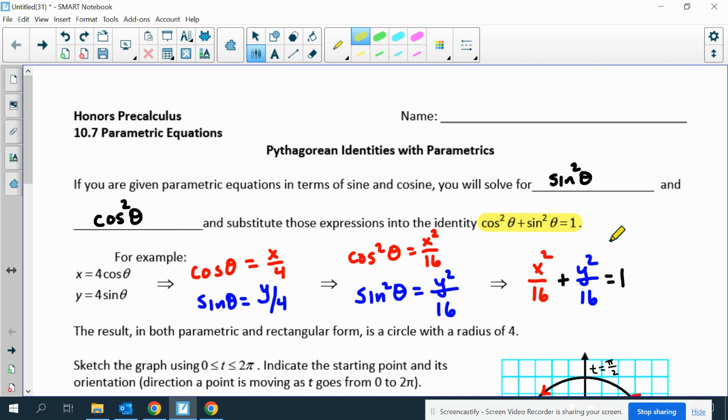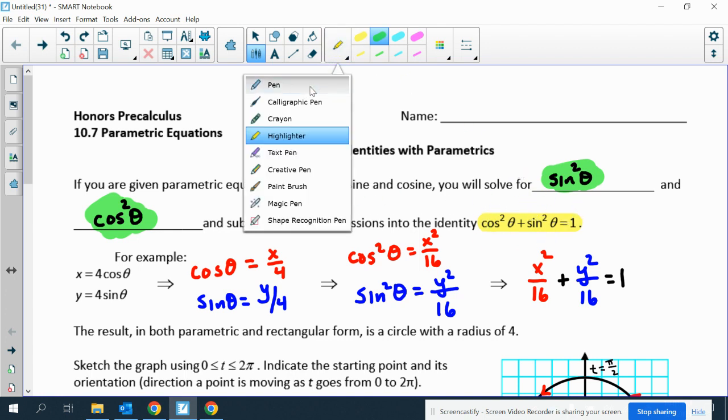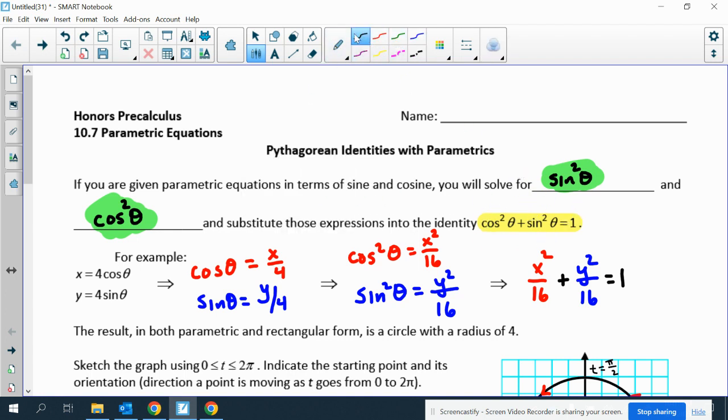So if you see x equals 4 cosine theta and y equals 4 sine theta, you can solve for sine squared and cosine squared and then substitute them into the Pythagorean identity. We do some manipulation to get the cosine and sine by themselves.